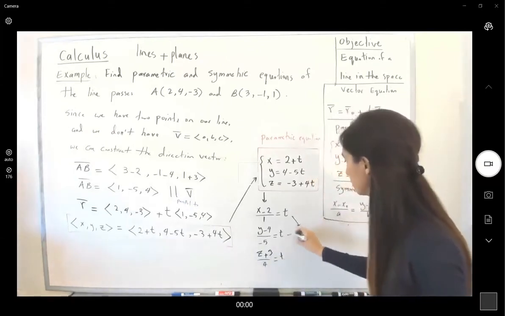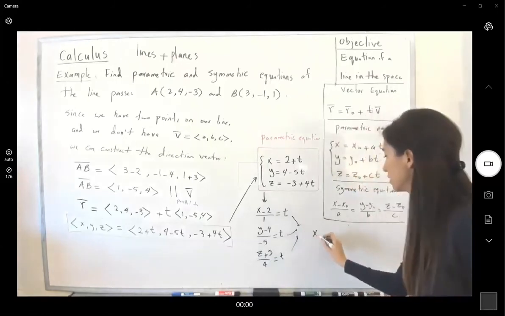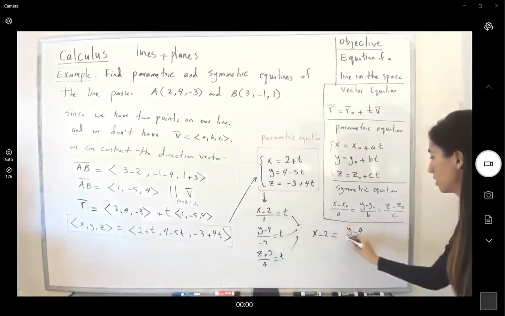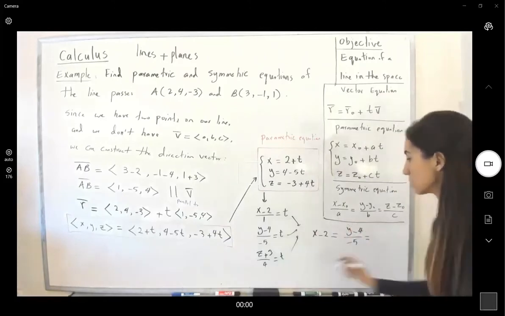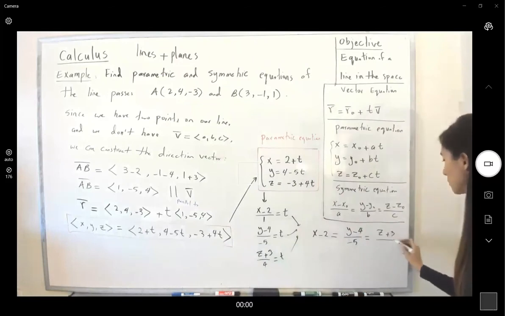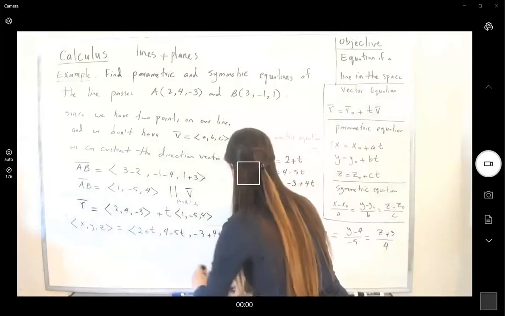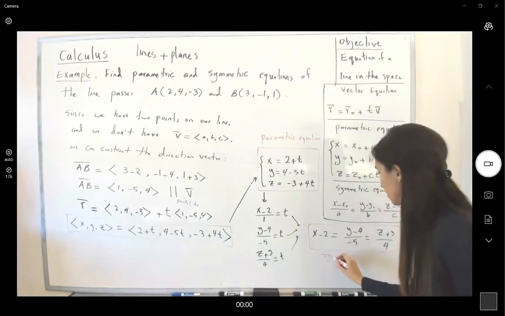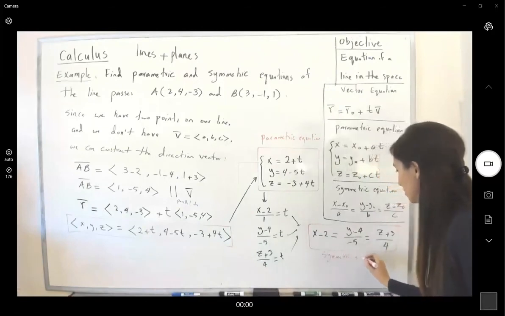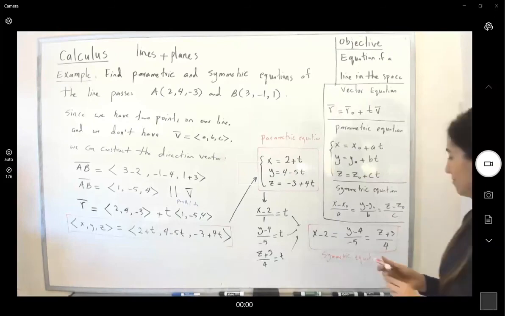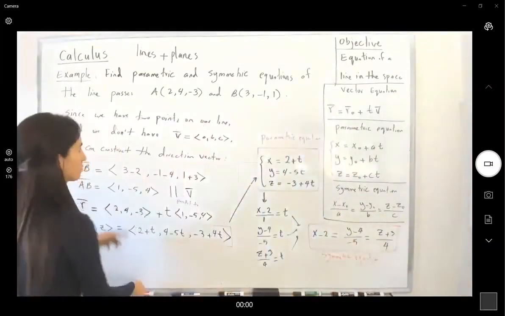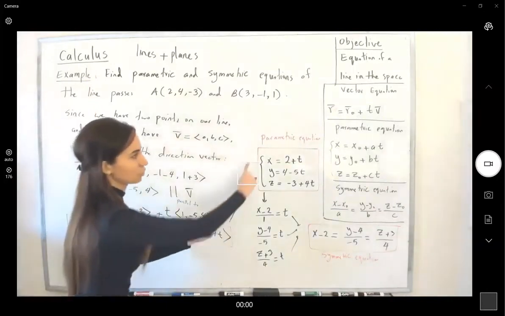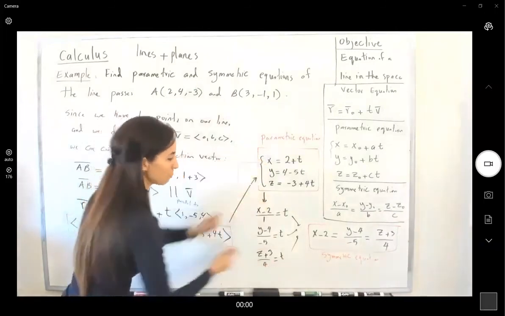So it means that the symmetric equation is x minus 2 equals (y minus 4) divided by -5 equals (z plus 3) divided by 4. This is the symmetric equation of your line. So we started by writing the vector equation, we got to the parametric equation, and now we got to the symmetric equation.